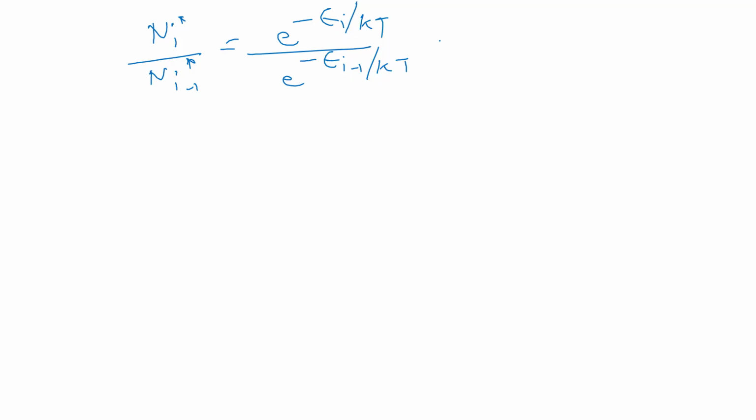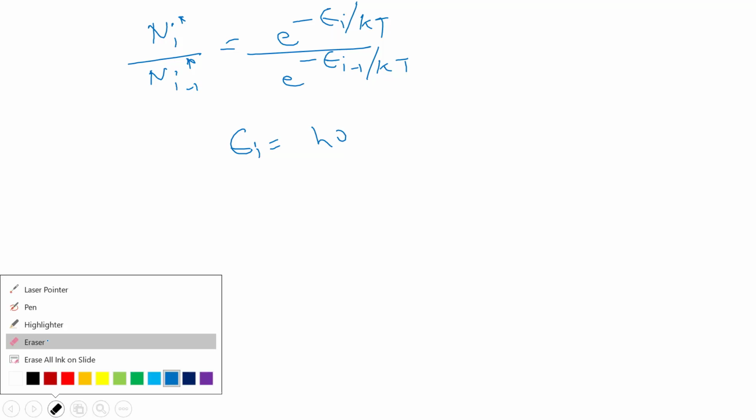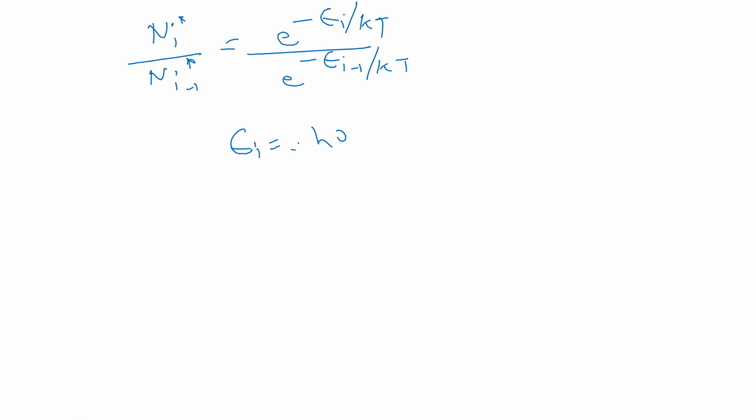Degeneracy will be the same for both levels, and we know that epsilon(i) equals i h nu and epsilon(i-1) equals (i-1) h nu.